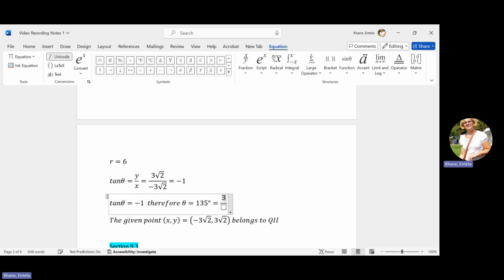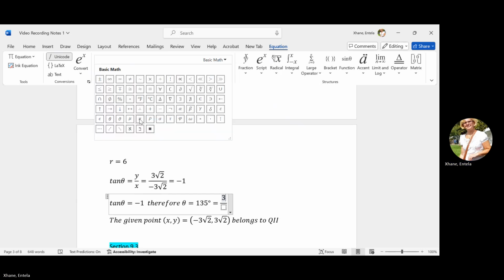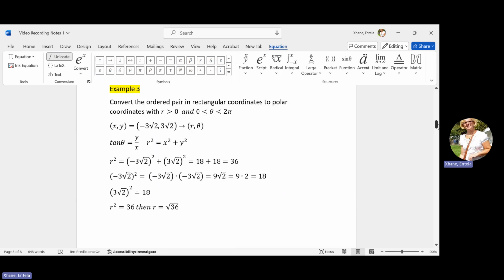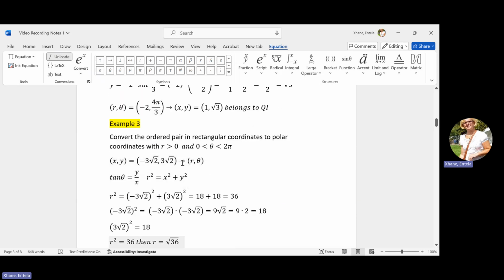And then definitely I'm going to use the radian measure. So now I have both. I have angle theta, 3 pi over 4, and then I have the radius 6. So that means my given point, I'm going to go back right there. This is how I started.